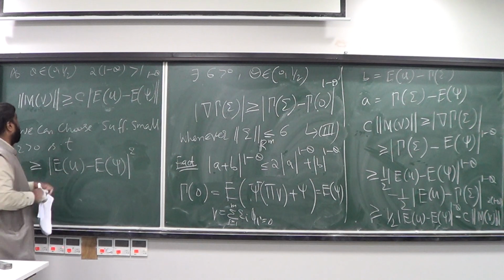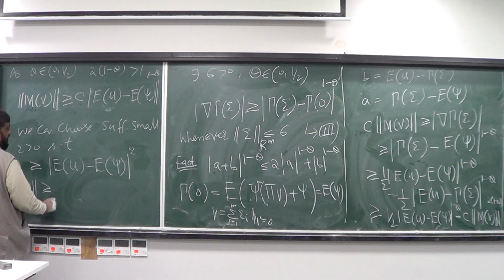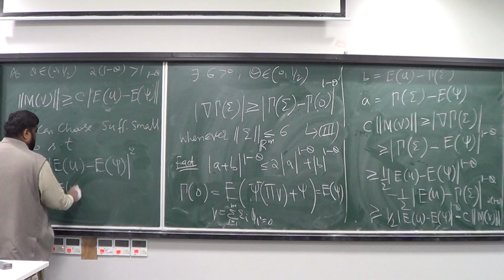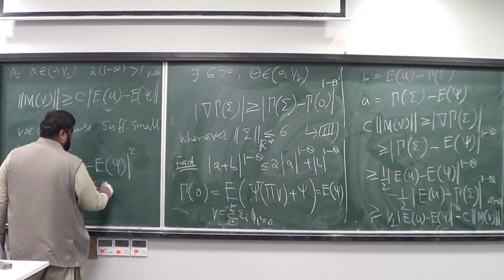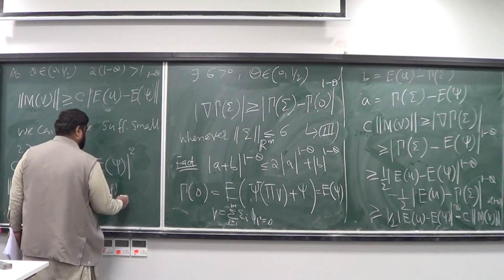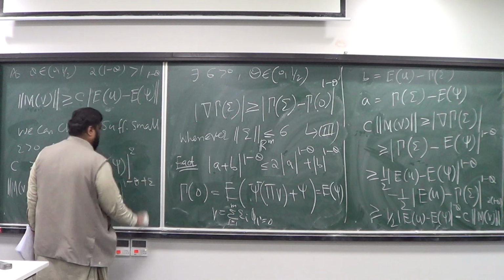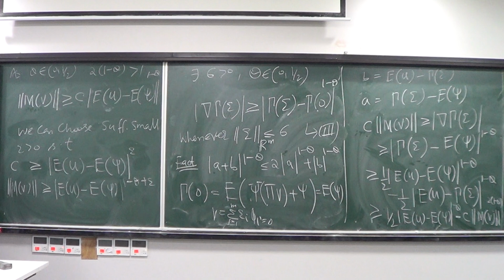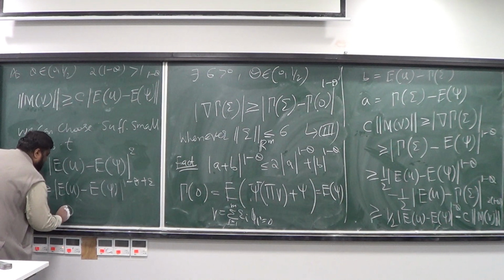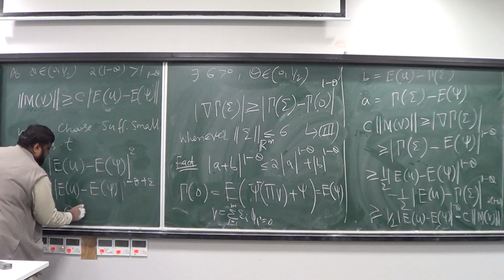Because if this is the case, then you can say that the norm of m of v is bigger than or equal to E of u minus E of psi to the power 1 minus theta plus epsilon.